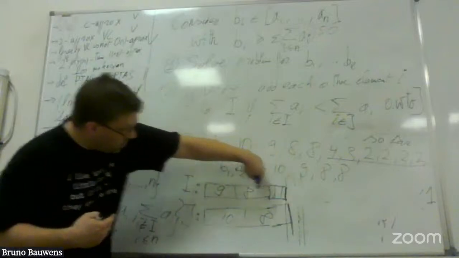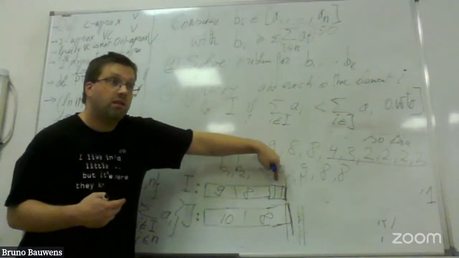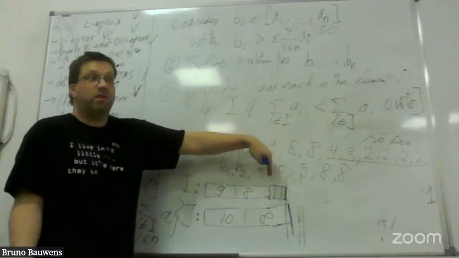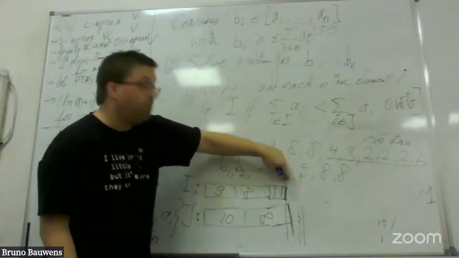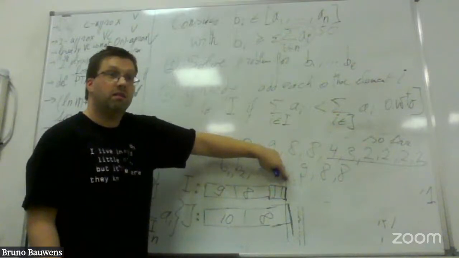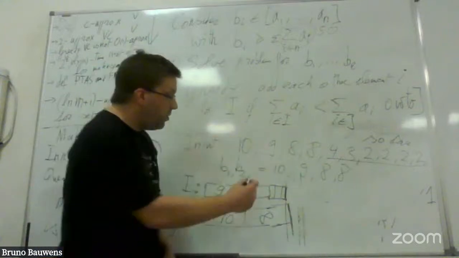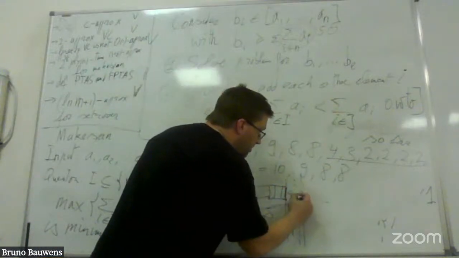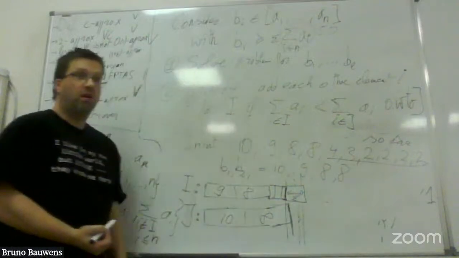Because the load is full on both cores below this line. So there is no algorithm that can schedule these things smaller than this line. And then we add the last one, which has size at most epsilon fraction of the sum.